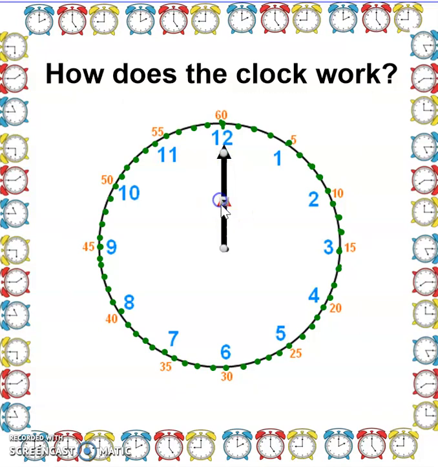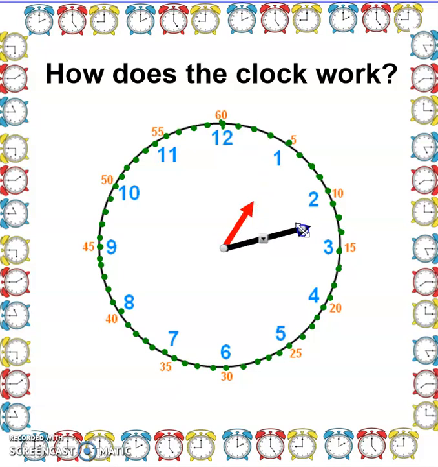Right. So what happens to the hour hand when the minute hand goes back to 12? The short hand, which is the hour hand, moves, and we have 1 o'clock. Can you see that? The minute hand will move again. It keeps ticking. 1, 2, 3, 4, 5, 6, 7, 8.